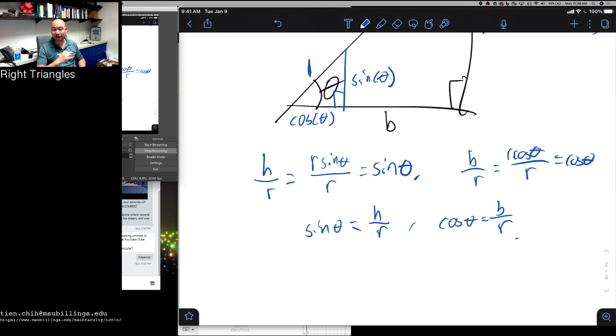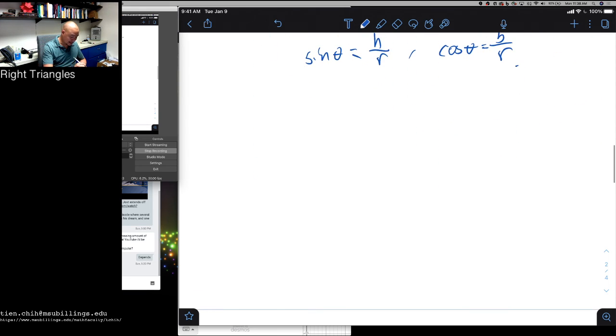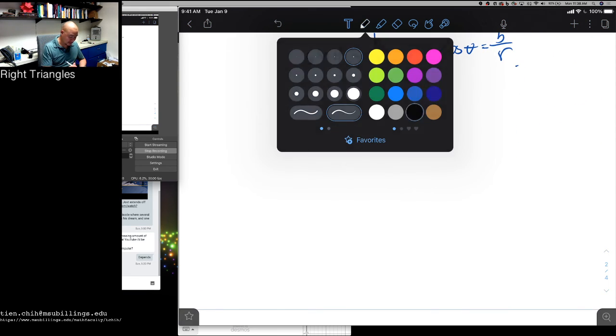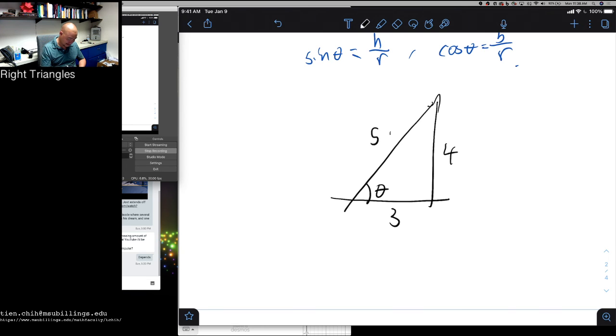So, as an example of something like that in action, let's take a look at one of the most standard possible right triangles. I don't know what that angle is off the top of my head, but let's look at the 3, 4, 5 right triangle.